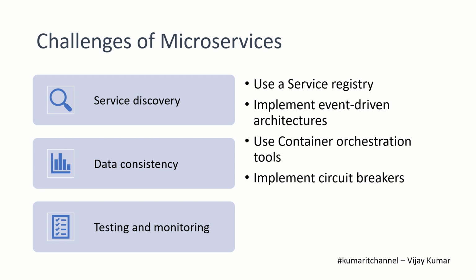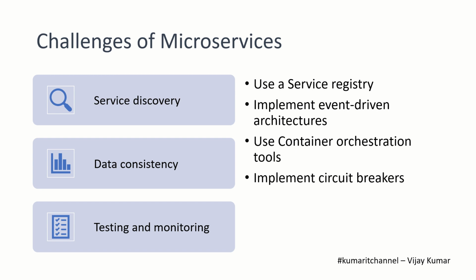Okay. And another challenge that we can come across is testing and monitoring. In a microservice architecture, it can be challenging to test and monitor each individual service as well as the system as a whole, right? It is difficult to monitor and test all these services.